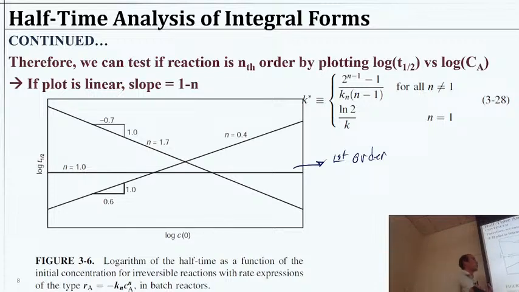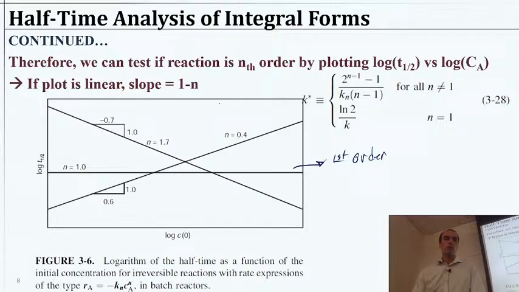Any other scenario, we can find our reaction order by taking the slope is 1 minus n, and so for any slope that we find making this plot, we can solve for our order given that slope.